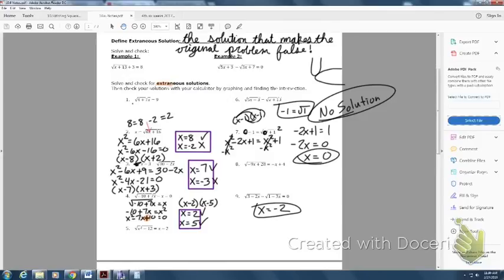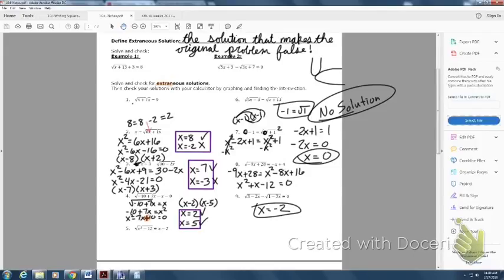Here is number 8. So again, I'm going to need to square both sides. On the right side, that's going to give me x squared minus 8x plus 16. And there it is, simplified.